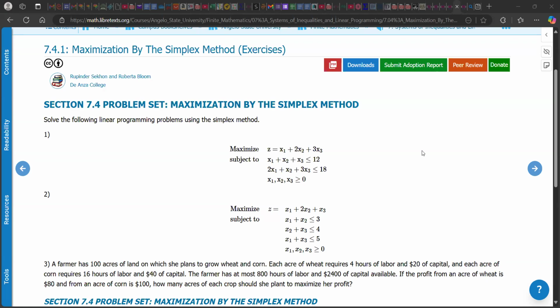And what the simplex method basically is, if you listen to the video I made, it's basically doing the same thing that you do graphically, where when you form the feasible region, those vertices, the simplex method is basically you are taking each of those vertices and you are testing them in the profit function.